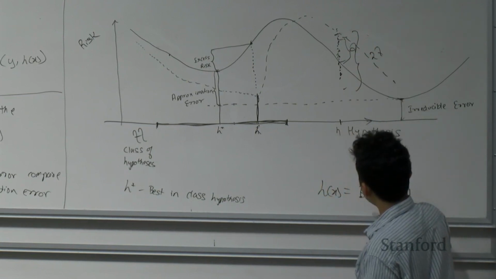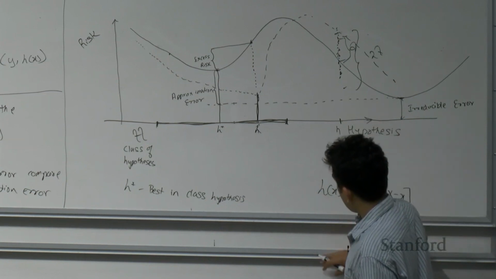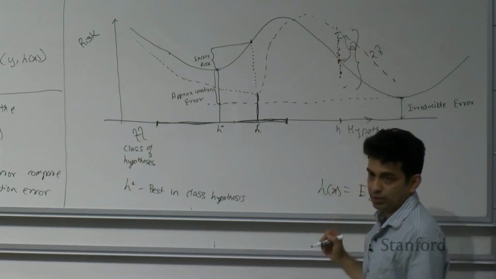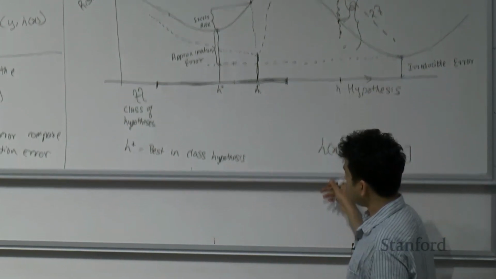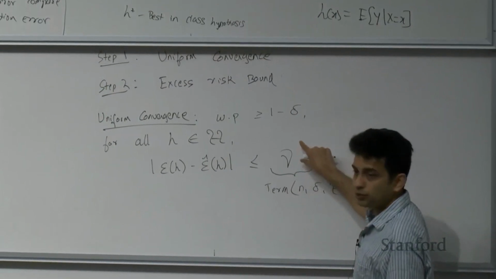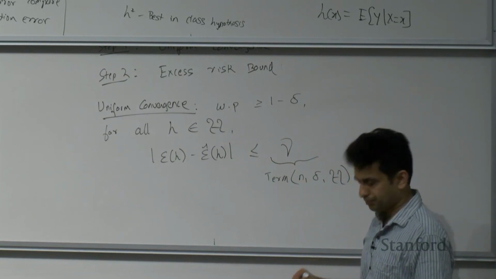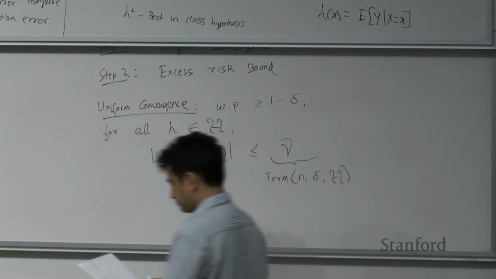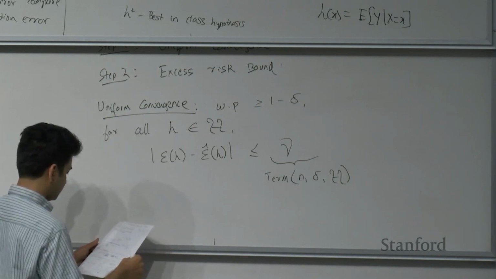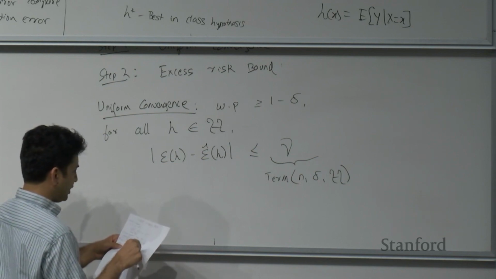So it says with probability greater than 1 minus delta, the empirical risk is going to be within gamma of the true risk. How we go about actually calculating this particular value of gamma is going to depend on the kind of hypothesis that you are working with, and we'll see a few examples of this shortly.